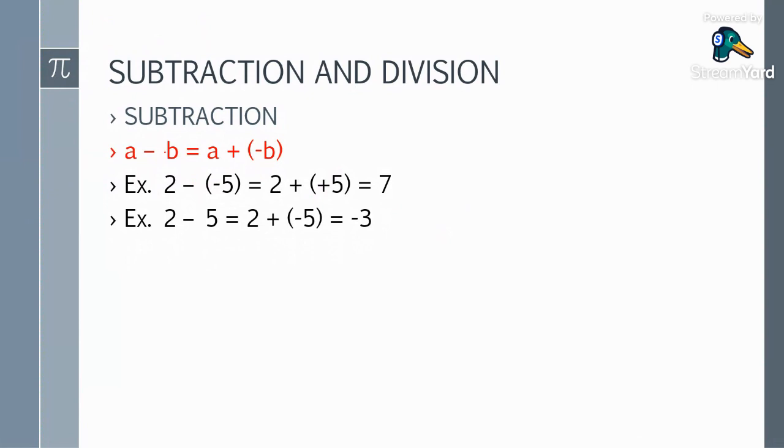To indicate the additive inverse, the negative of negative 5 is equal to 5. To indicate subtraction, 2 minus negative 5 is equal to 2 plus 5, and it becomes 7.